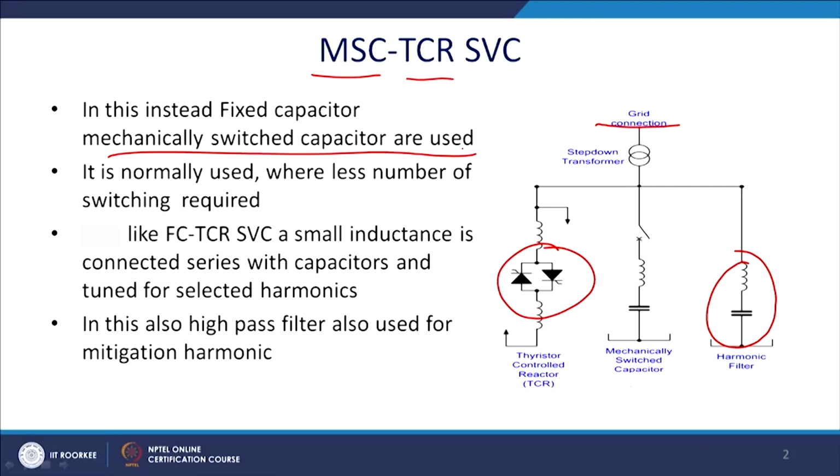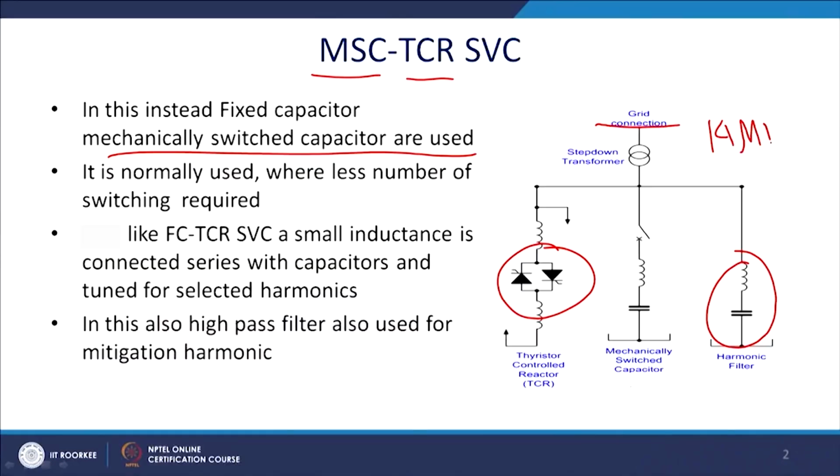Here, instead of the fixed capacitor, mechanically switched capacitors are placed. There is an advantage, because you can connect and disconnect instead of connecting permanently with the voltage stress, and it is normally used where we require less switching, because you know that there is a constant var, let us say around 14 MVA.